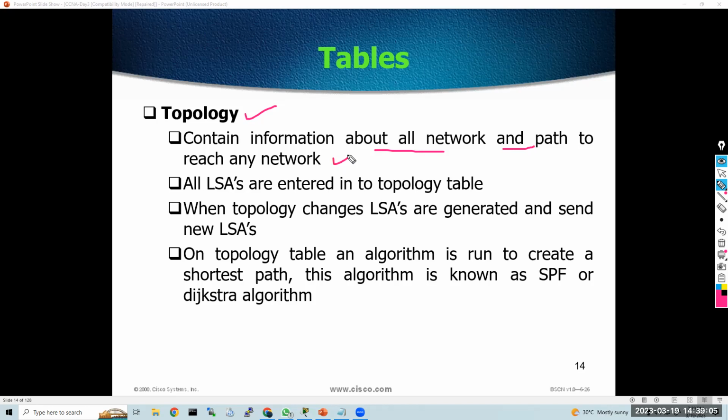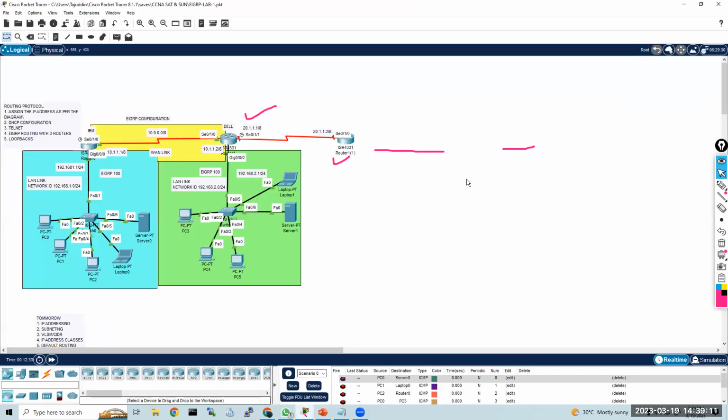Topology means how it has been connected. Let me write down some points here. How is it going to work? Say, for example, you have connected one more router here, and here also you have connected one more router.